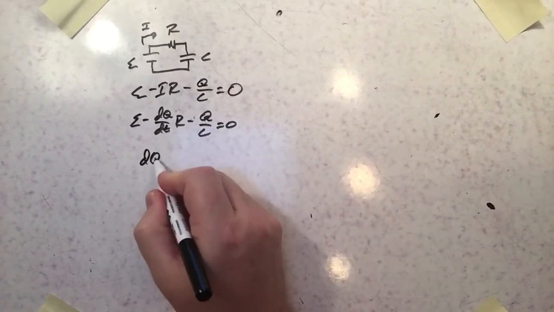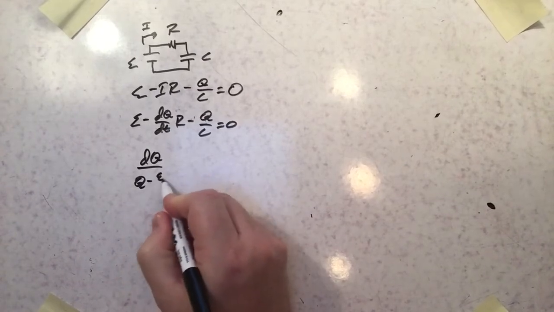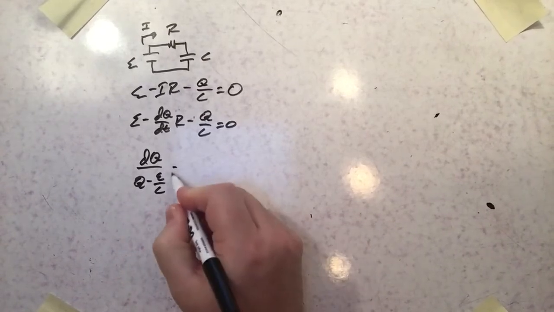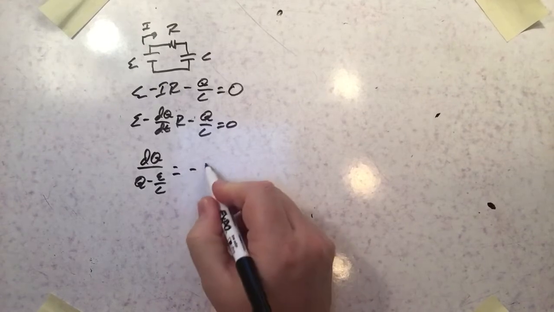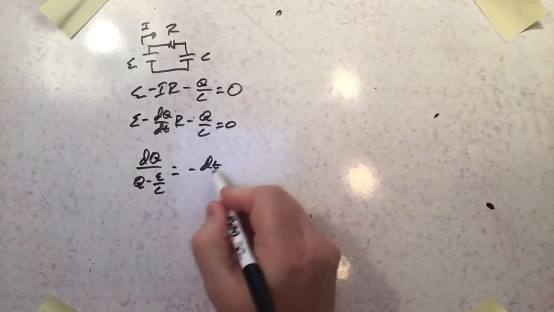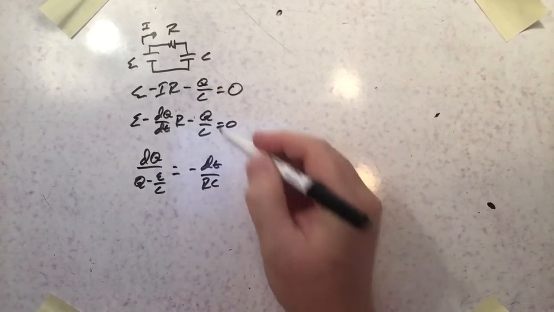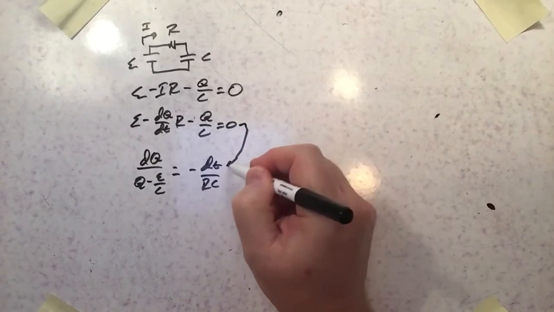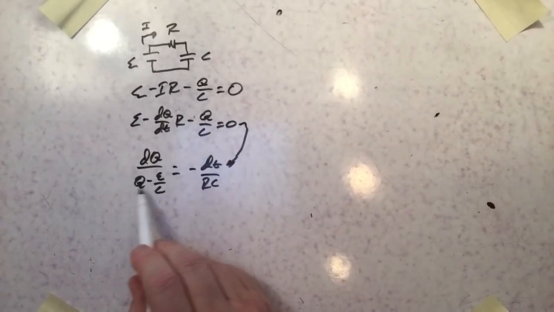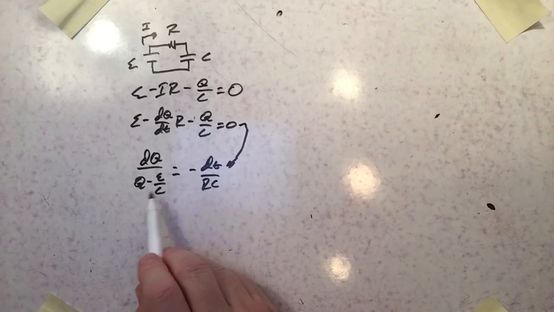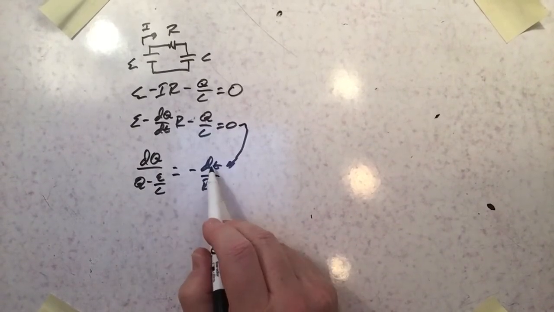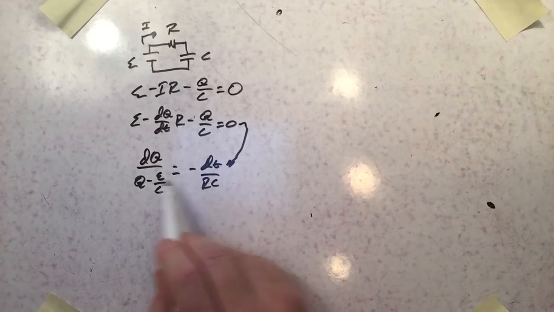I'll end up with dq divided by Q minus E over C, and that'll all be equal to negative dt over RC. Again, it's just algebra that turns this into this, and we do that so that we don't have to u-sub for the Q function. Now it's just in the form of a natural log is equal to dt over constant, all right?